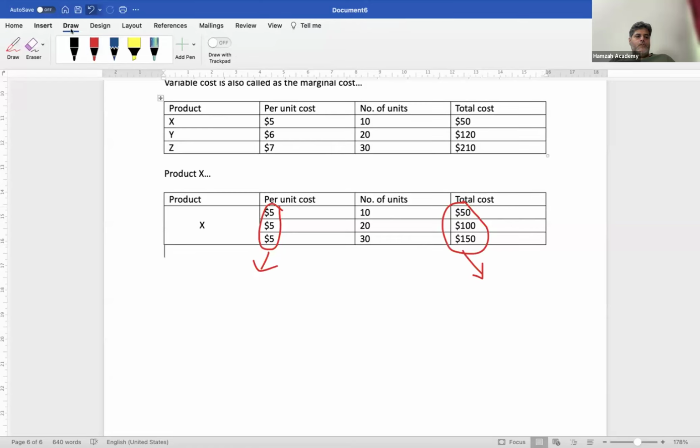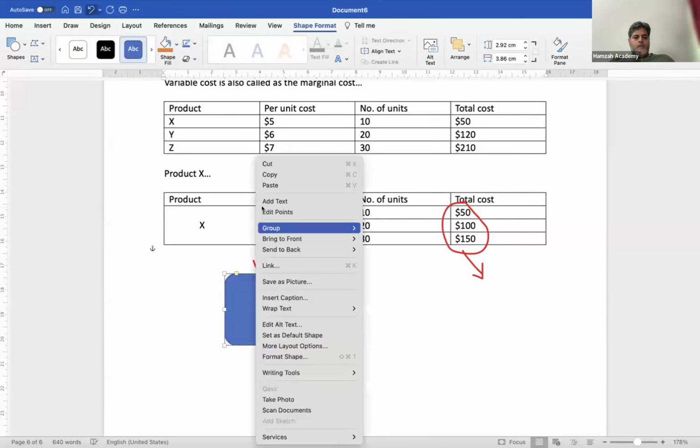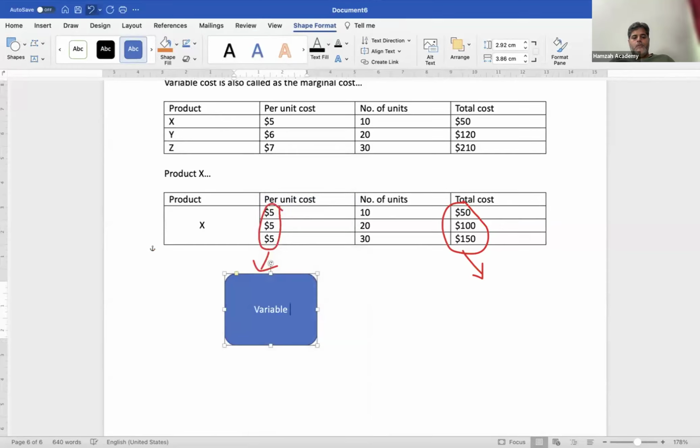Now, look, one interesting point is that this variable cost remains the same per unit.